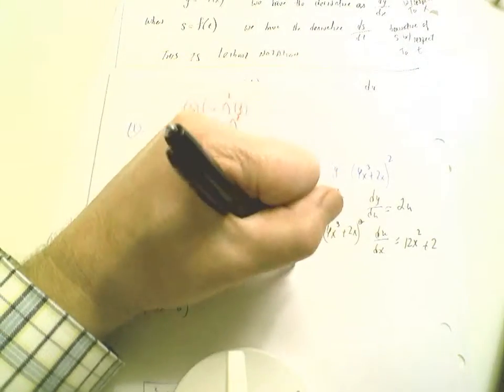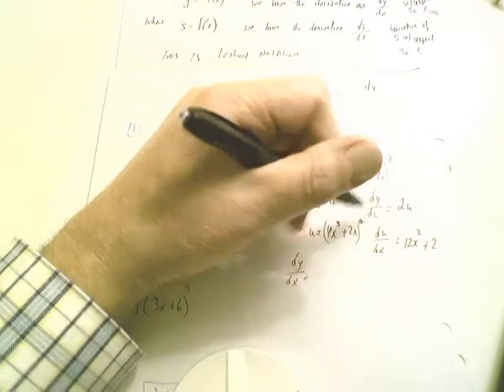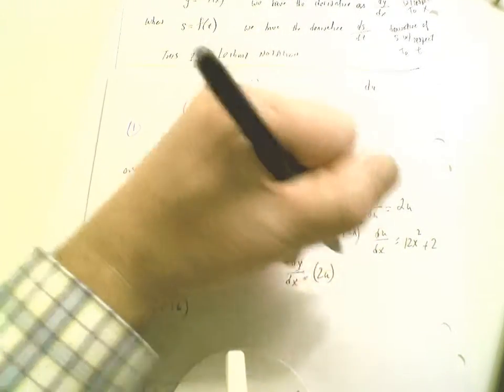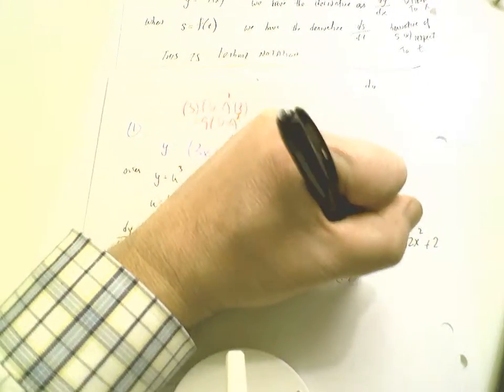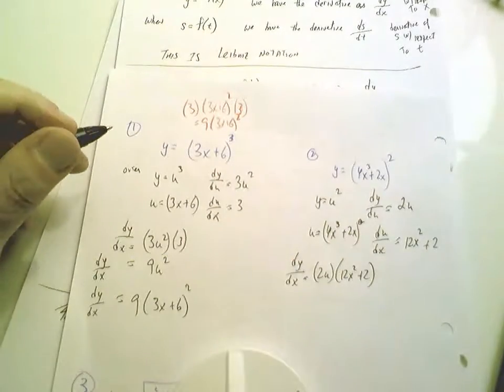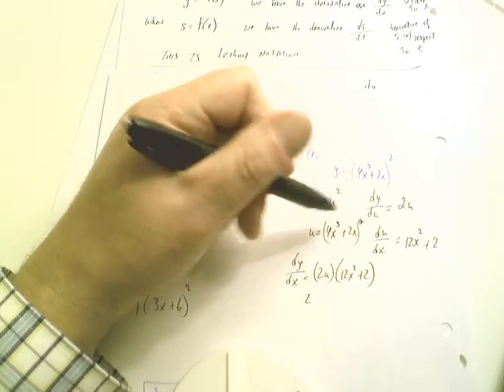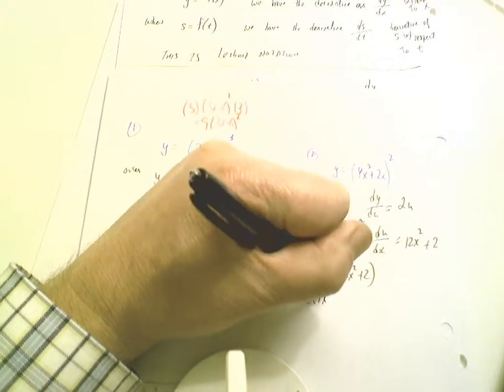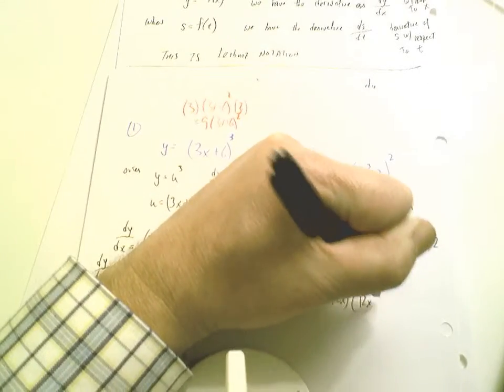Dy dx equals, what would we have in this case? I'm going to have 2 times u times, in this case, 12x squared plus 2. All right, what's u? 2 times 4x cubed plus 2x times 12x squared plus 2.